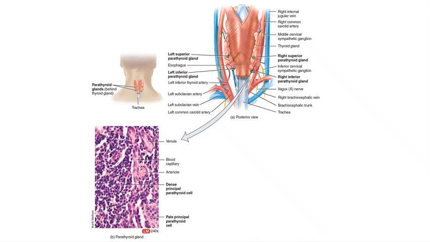Looking inside at the histological side, we see the difference: the dense principal parathyroid cells are much darker, more defined epithelial-type cells. The pale principal parathyroid cells are less dense in the nucleus, more open, with surrounding cells less densely packed. That's why they're pretty obvious histologically, and it's really useful for telling what's what and where's where.